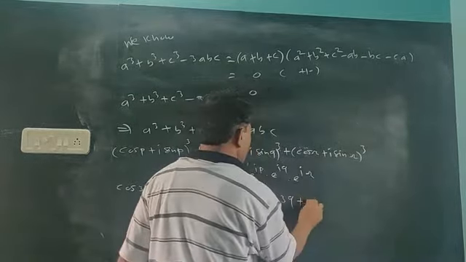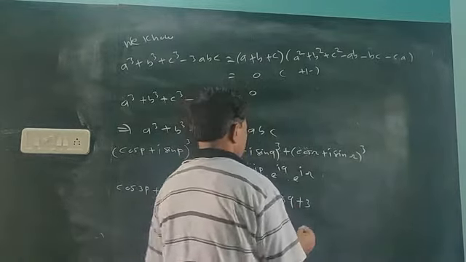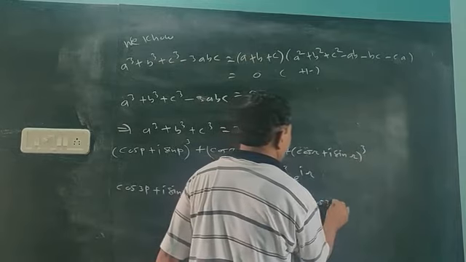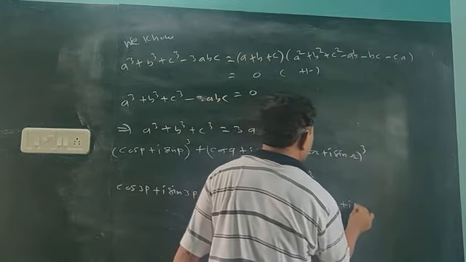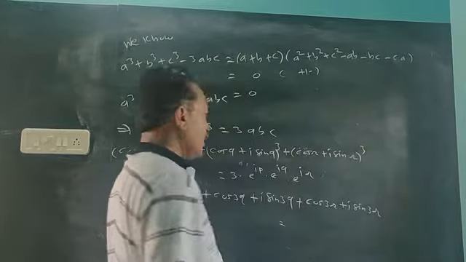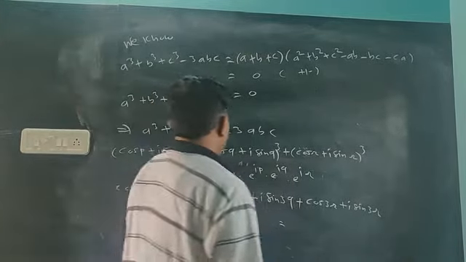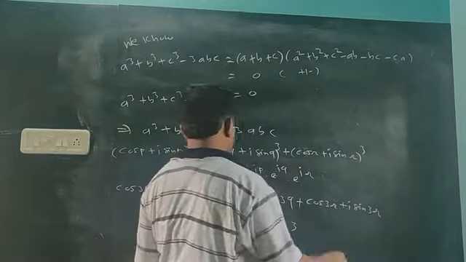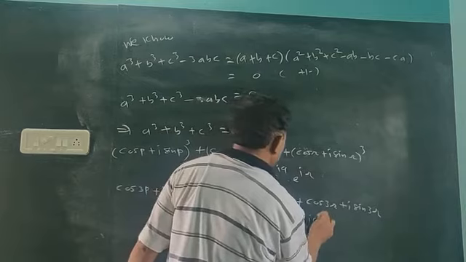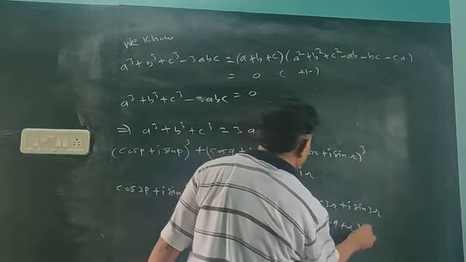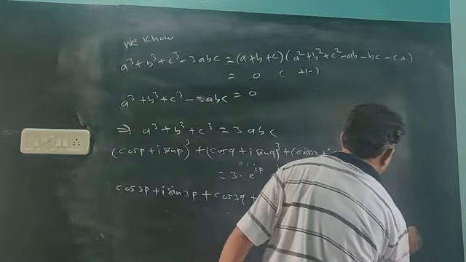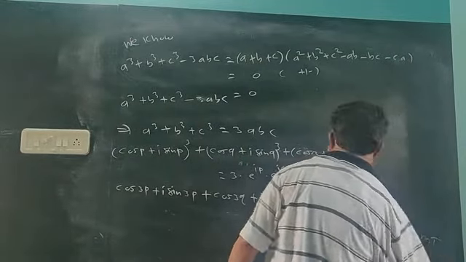Also here, cos of 3r plus i sin 3r. On the right side, by the index law, 3 times e raised to power i times (p plus q plus r), and the left side by De Moivre's theorem.